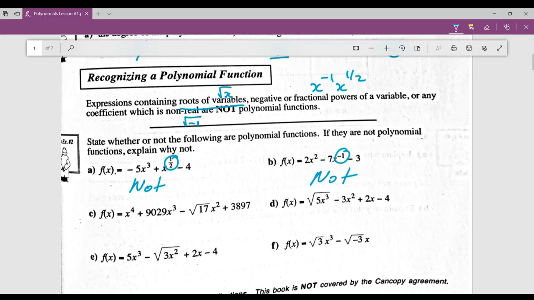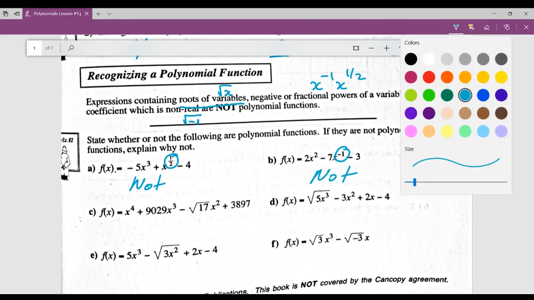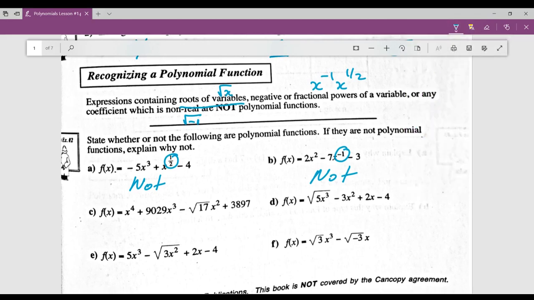So this is a polynomial. This, however, is not, because this is a square root. And remember, root 5 is fine, but this x would become x to the 3/2. So that violates. So that is not.